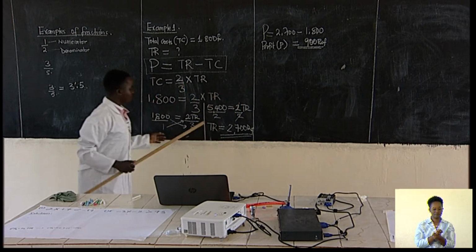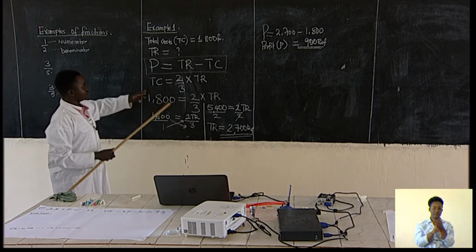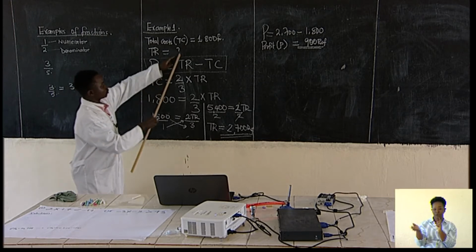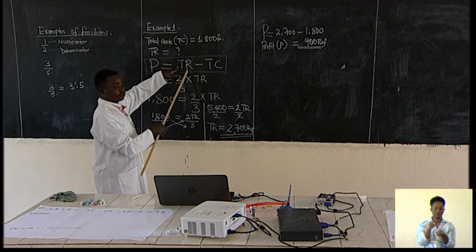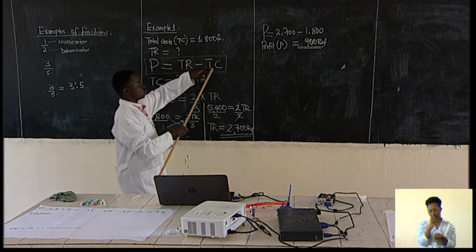So this is one of the applications of how we can apply fractions. You have to relate this. To get profit, get the total amount of money generated, the total revenue, which you get by quantity times price, then minus total cost.